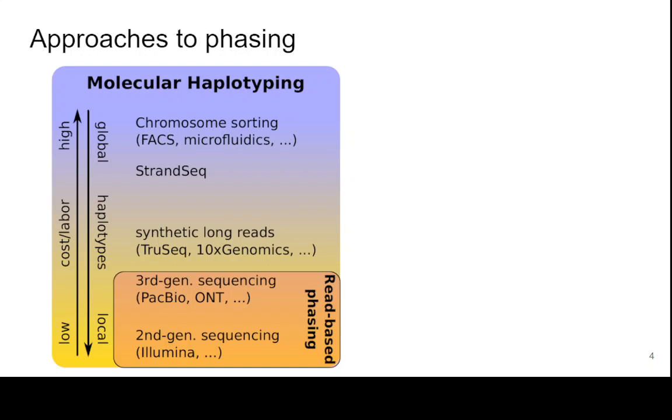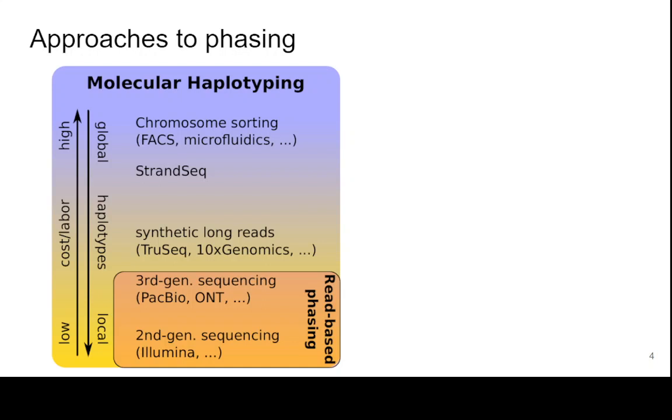And then there are more long-range technologies, which are single-cell based, for example Strand-seq, and also Hi-C, which captures the spatial structure of the chromosome, which gives us this long-range information. But the underlying data is still short-read sequencing.